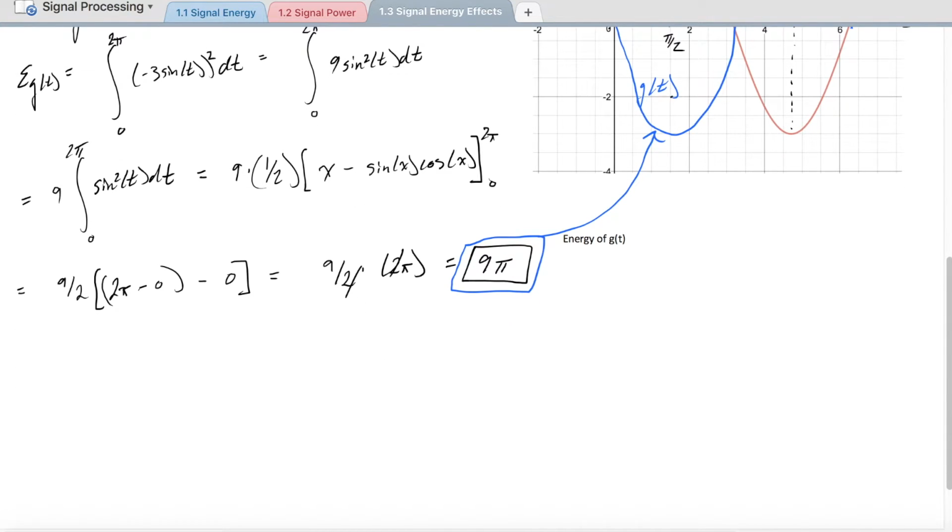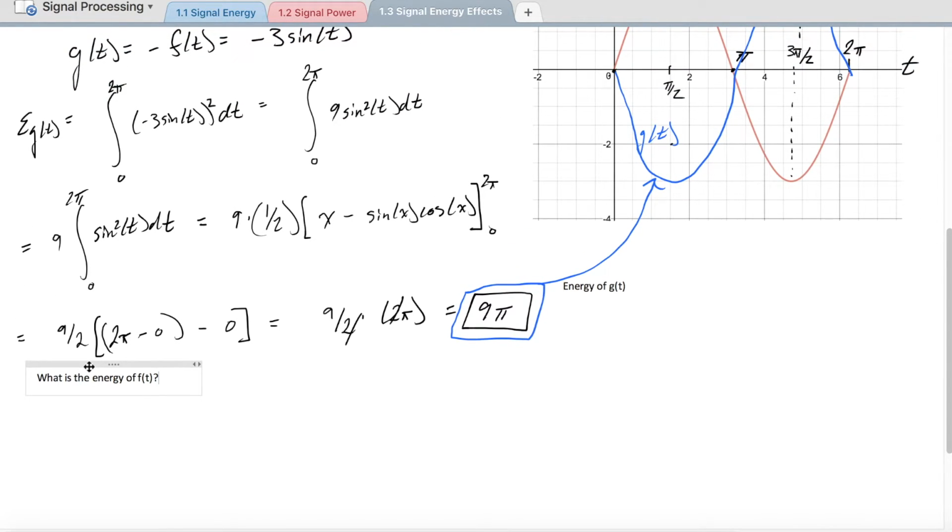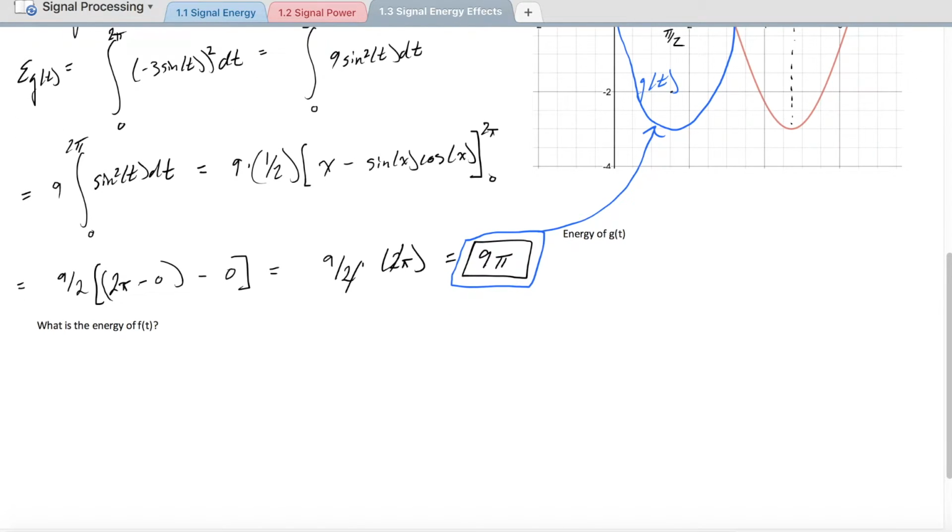So now to make a comparison of the energy of g of t to the energy of f of t, we have to know what the energy of f of t is. So let's find that here. We can say that the energy of f of t is equal to the integral from 0 to 2 pi of 3 sine of t squared with respect to t. This is equal to 9 times the integral from 0 to 2 pi of sine squared of t with respect to t.